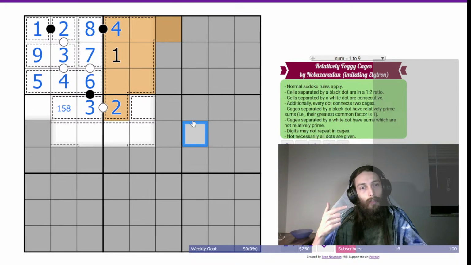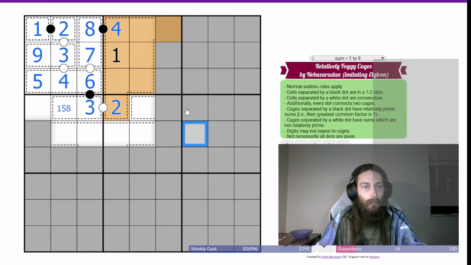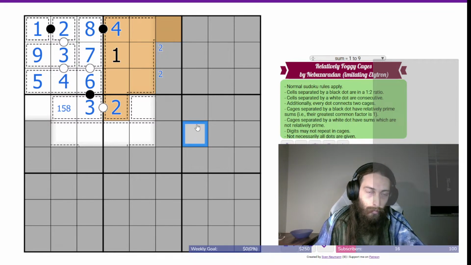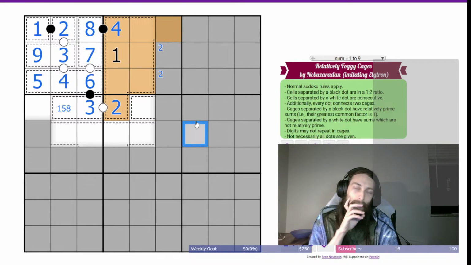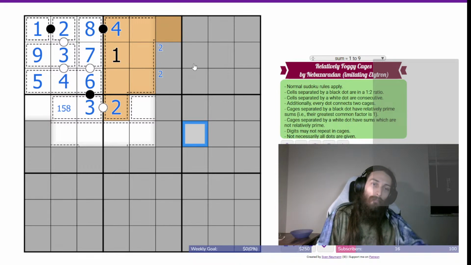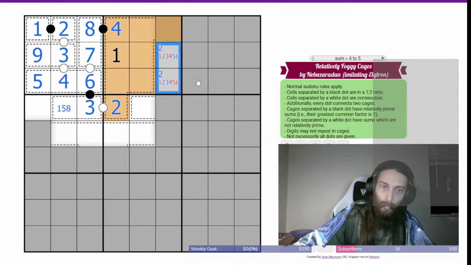So if it's less a 9, well, I mean that means 2 has to be one of those two. Right. Well, okay. What are the possible missing digits?